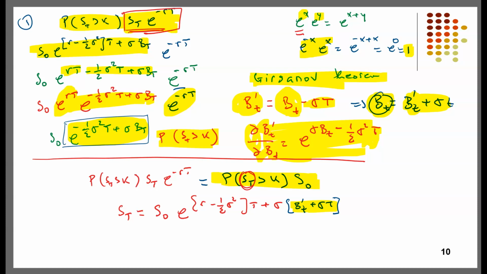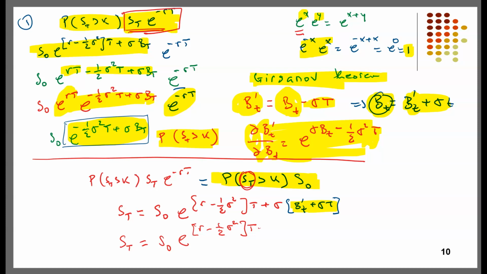Okay, and so what do we have? St is therefore going to be equal to S0 exponential of, and we're going to keep that here, r minus 1/2 of sigma squared, and then we have t. And then we're going to essentially include the B prime t that we have here and the sigma t.